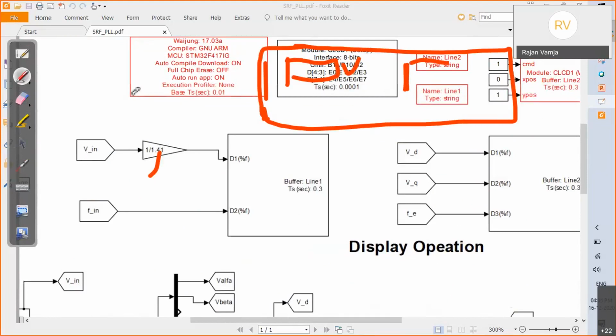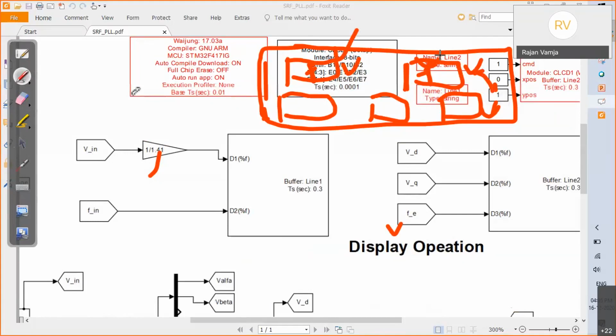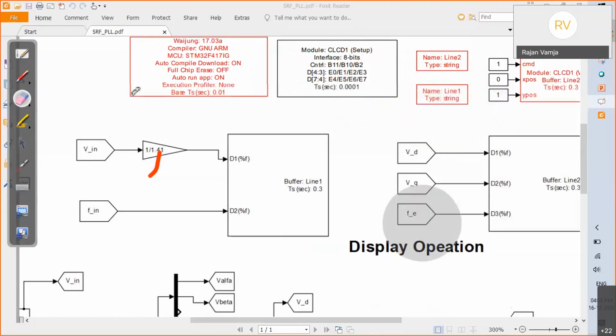So here the RMS value was displayed. The program we made is VD we have printed, then VQ we have printed, then this frequency is the input frequency. So the estimated frequency will always follow this. So this is our input data. The second line is the output data. So that is the output of the angle. Then VD will be VM and VQ will be 0 and FE.